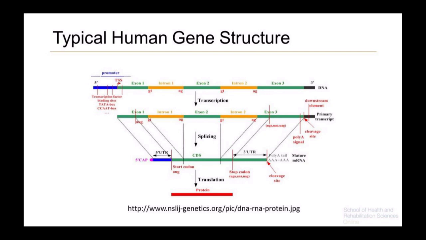The part before the start codon is untranslated region, or UTR. Starting from this translation start site, this mRNA is translated into a protein. This is the translation. This protein can work with other proteins to finish certain tasks.